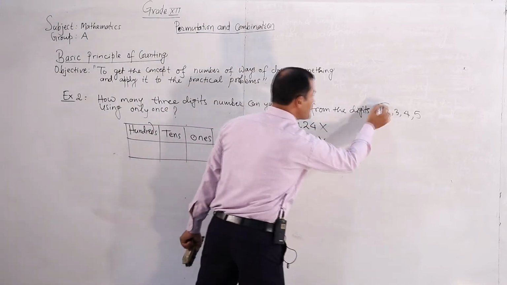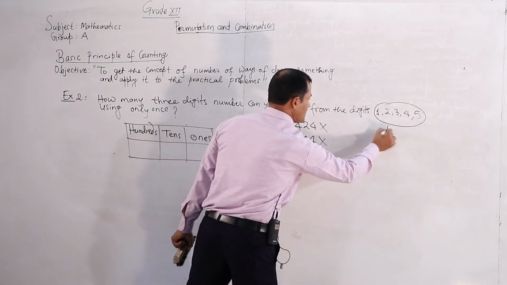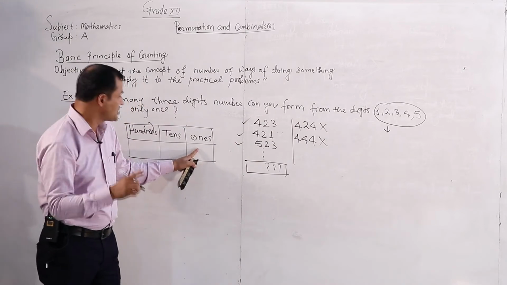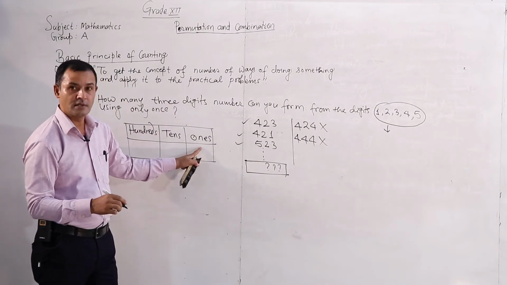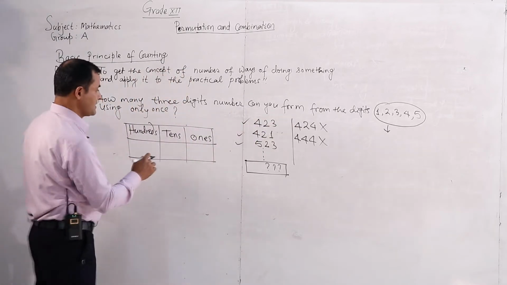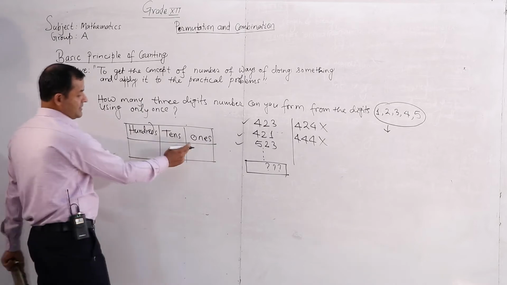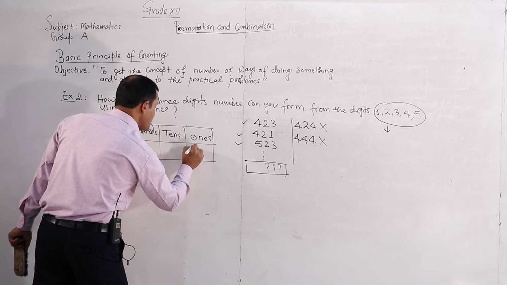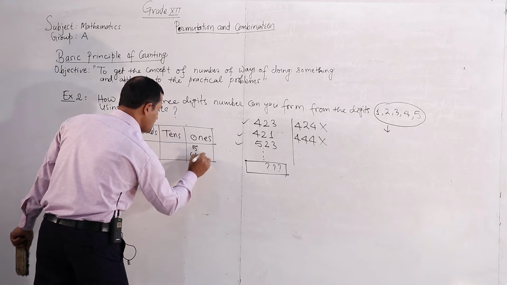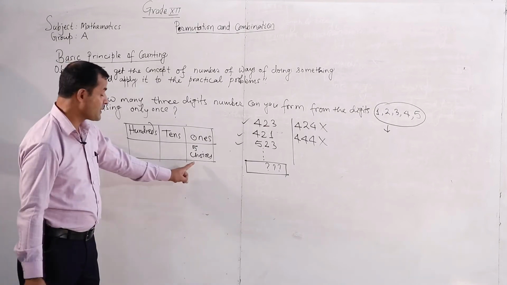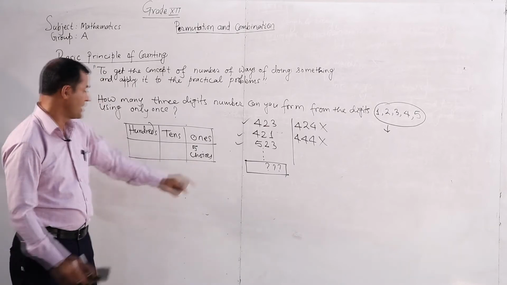Out of these 5 digits there are 5 choices, so you are free to choose any one of them. The ones place digit can be chosen in 5 ways.